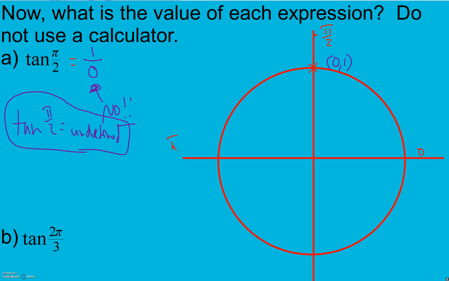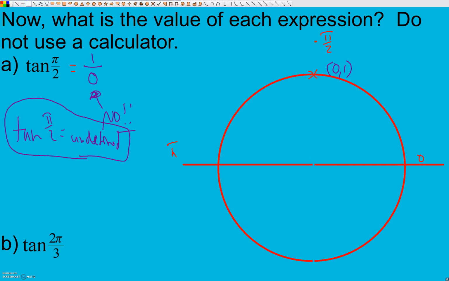Okay, I'm going to go ahead and get rid of this line and split it up into thirds. About here and about there. Not perfect, but at least kind of get the idea.